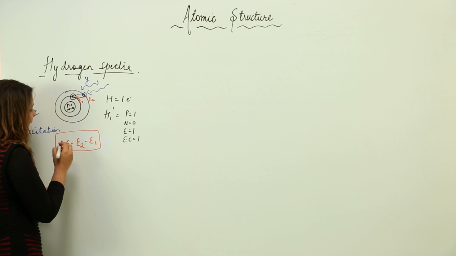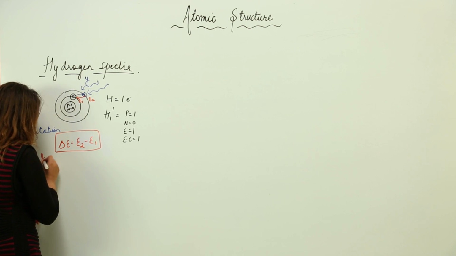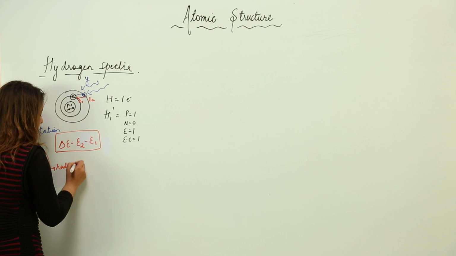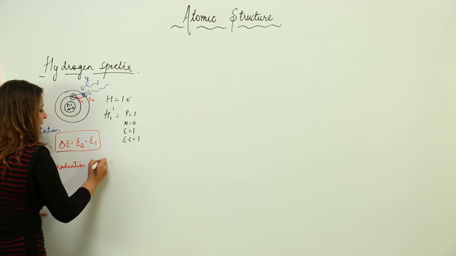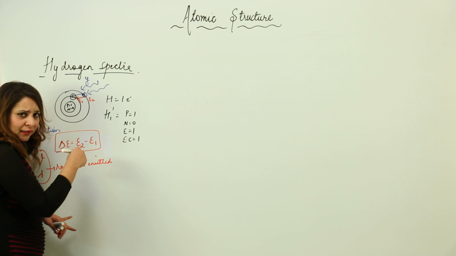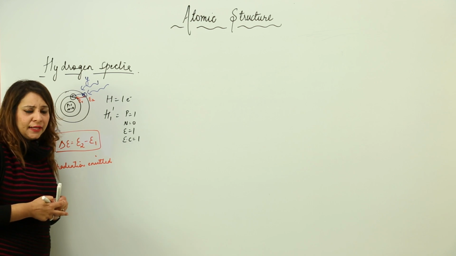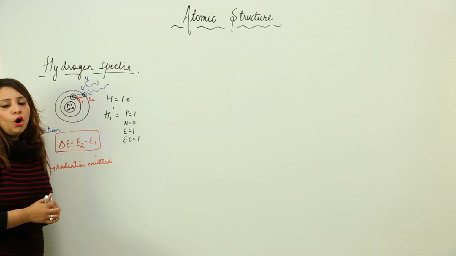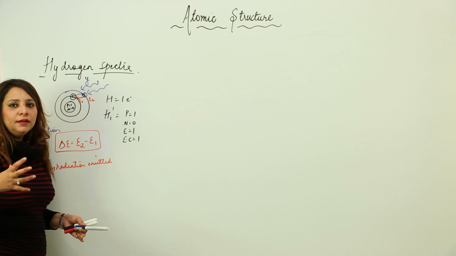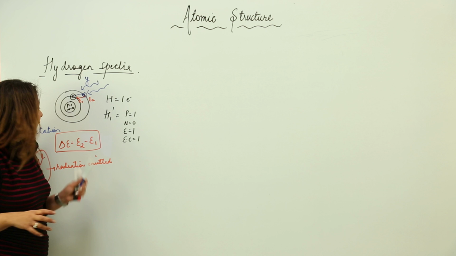Now we can actually know about the frequency and wavelength of the radiation which is being emitted. As we know that radiation is emitted when an electron jumps back, that radiation will have a certain frequency and a certain wavelength. So we can calculate the frequency and the wavelength emitted. How?